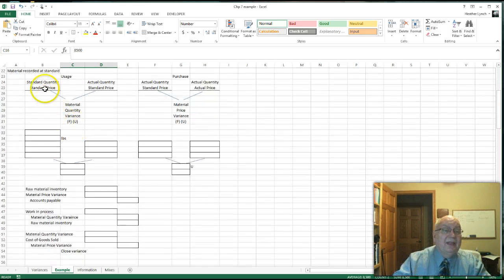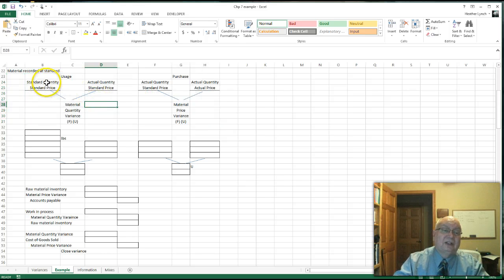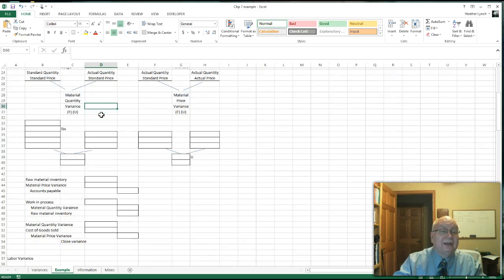Again, this I always put in here for myself: standard quantity times standard price, actual quantity, standard price, the difference is material quantity. And then for the purchase side, actual quantity, standard price, actual quantity purchased, actual price, material price variance. And a lot of times I'll just put SQ, SP, AQ, SP, that type of thing. I just do it that way.